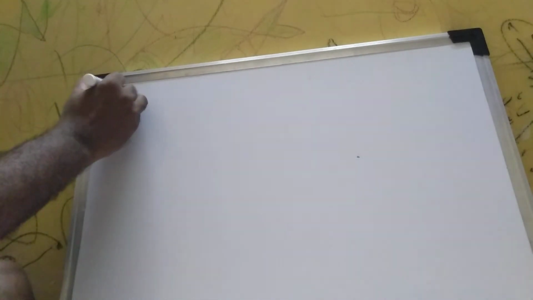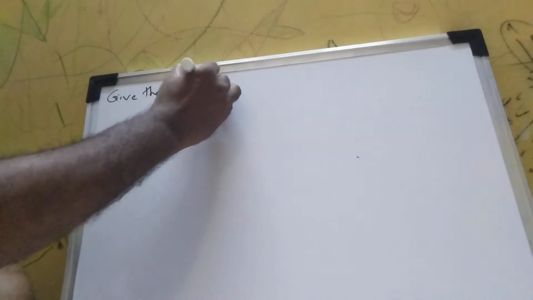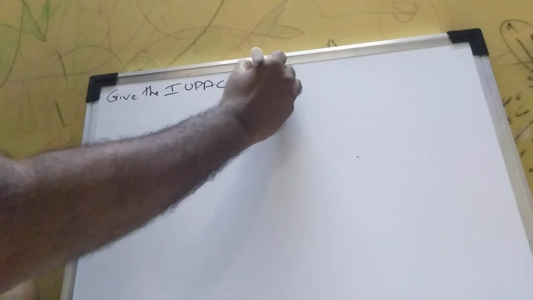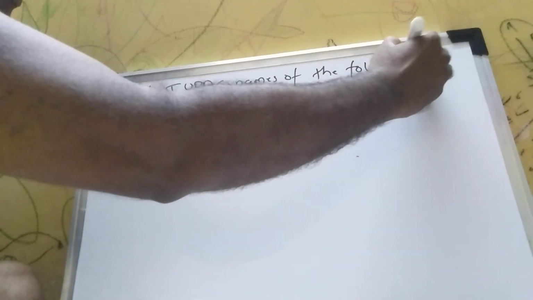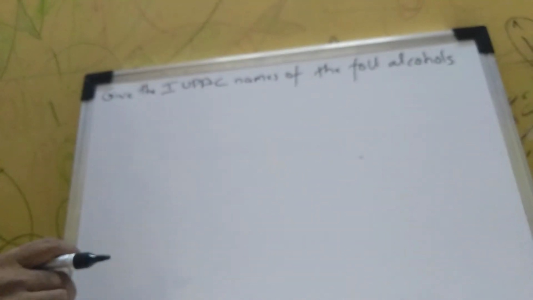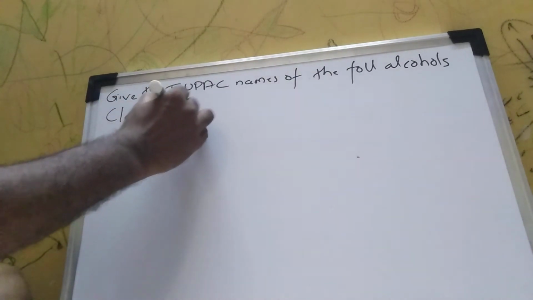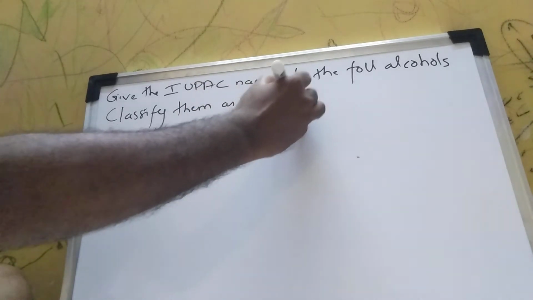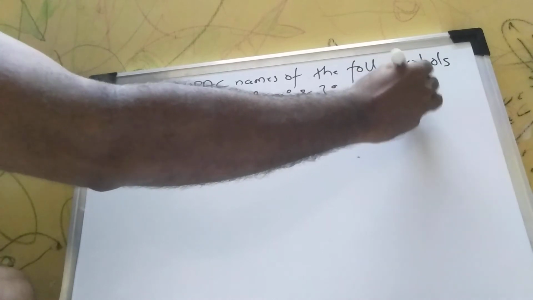The question includes, give the IUPAC names of the following alcohols. Classify them as primary, secondary and tertiary alcohols.